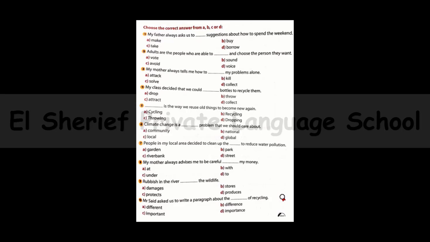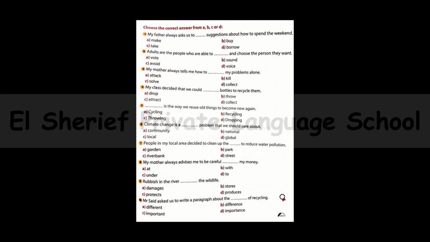Number 4, my class decided that we could collect bottles to recycle them. So yes, my class decided that we could collect bottles to recycle them. Now, number 5, recycling is the way we reuse old things to become new again. So it's recycling, letter B. Number 6, climate change is a problem that we should care about.